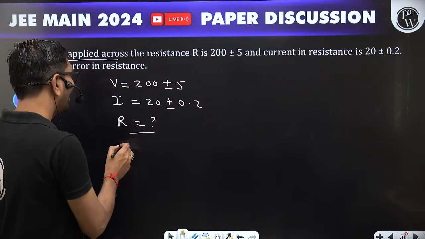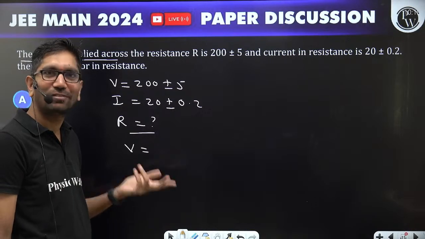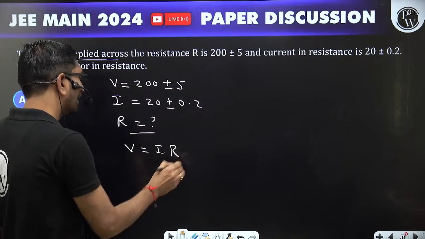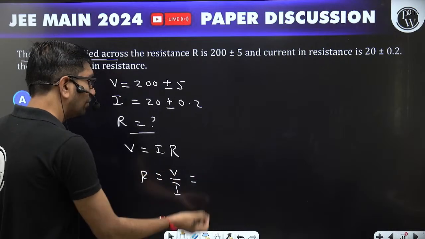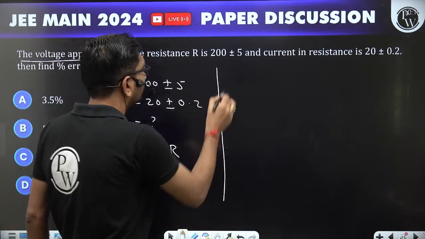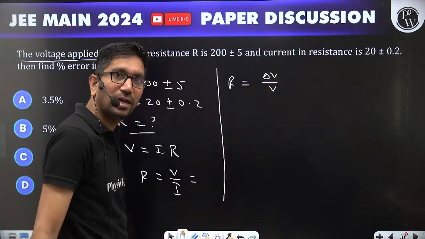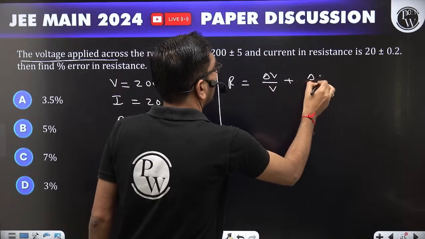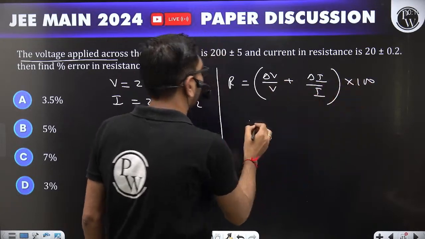Okay, V is equal to IR, everyone knows, very simple question. R is equal to V by I. So we can write delta R by R is equal to delta V by V plus delta I by I. If he is asking the percentage, multiply with 100.